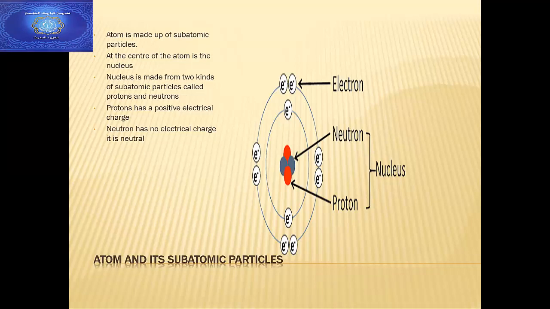Electrons are arranged in shells, and each shell has a different capacity to accommodate electrons, which we will learn later. These electrons are negatively charged. So protons are positively charged, electrons are negatively charged, and neutrons have no charge. They are neutral.